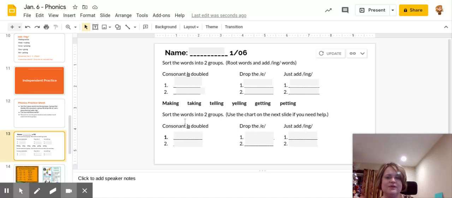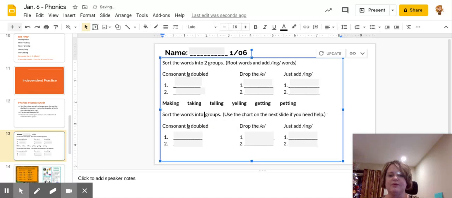And then it says sort the words into 2 groups using the chart on the next slide. That should say sort into 3 groups. Let's fix that. So you want to come up with 2 more words that has a consonant doubled. You want to come up with 2 more words that drops the E. And you want to come up with 2 more words where you just add ing. And you're more than welcome to use the words that I did in the mini lesson if you wrote those down in your notebook.